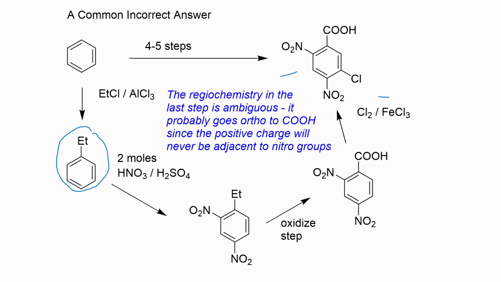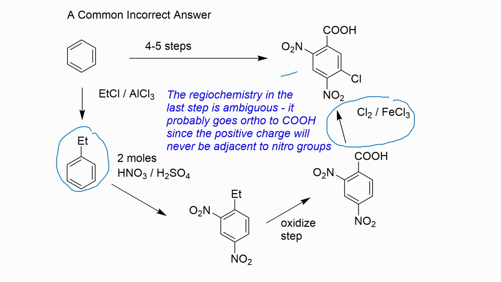It comes from this very last step here. All right, so where does the chlorine go when you try to do a chlorination here? We don't have any electron donating groups. We have carboxylic acid, which is not as electron withdrawing as nitro. We're going to say the regiochemistry would be totally ambiguous.